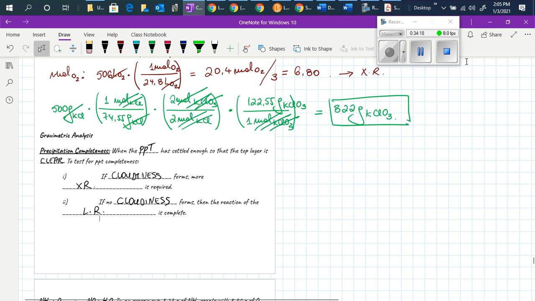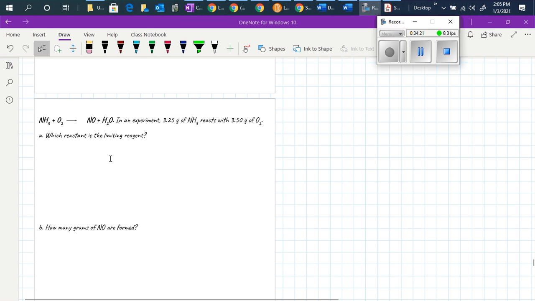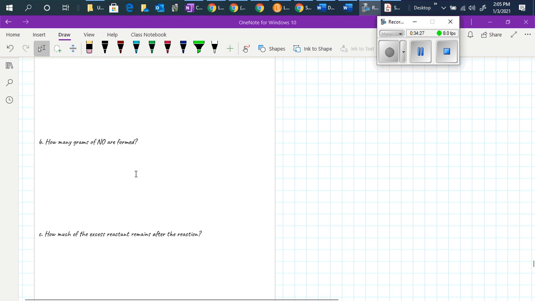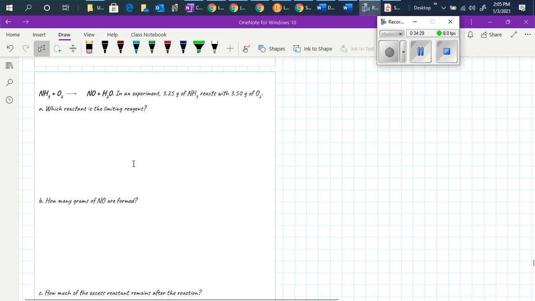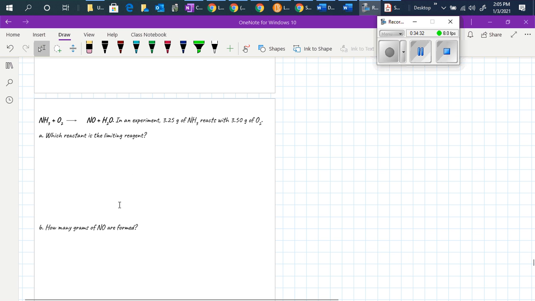Okay. This is something that you can try on your own, and if you have any question, then we can do it in class. You can do it any method that you want to, but I will say for A and B, use the second method that I showed you, where you do stoich for both, in this case NH3 and oxygen for the NO, nitrogen monoxide.